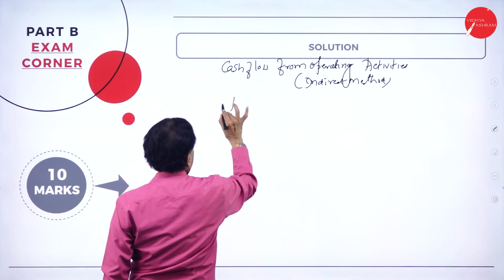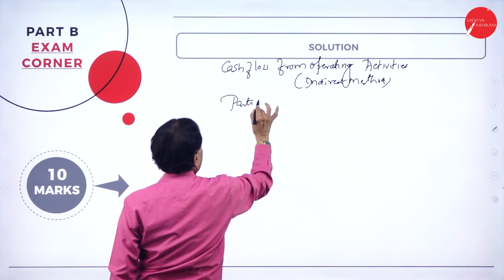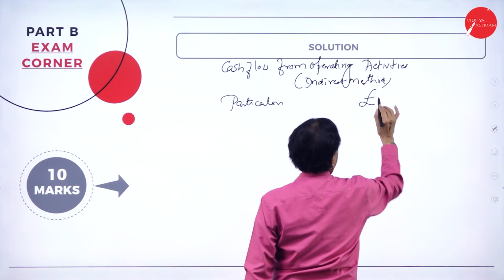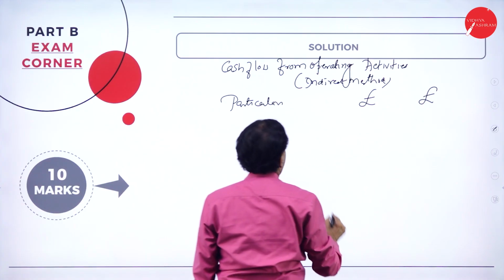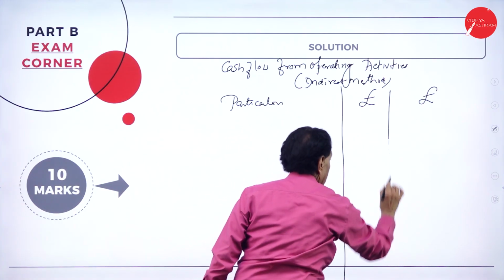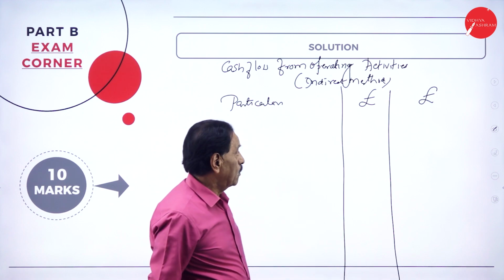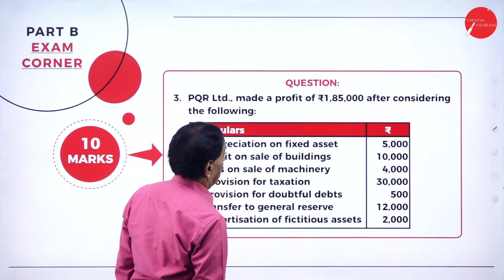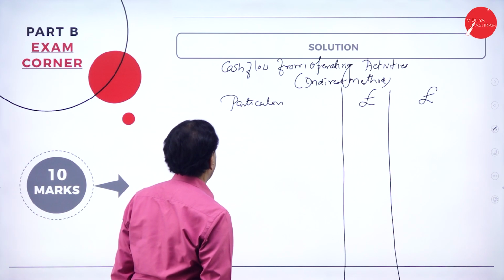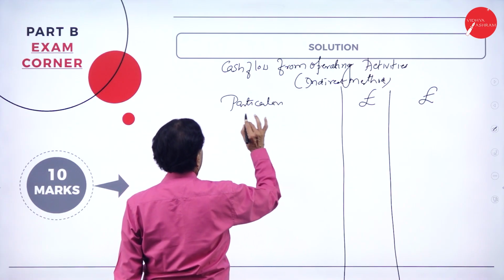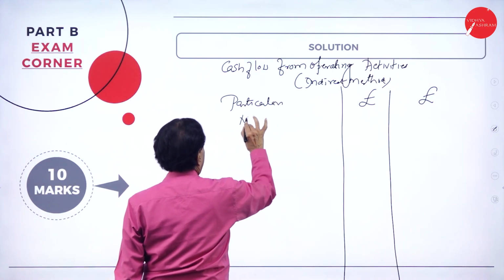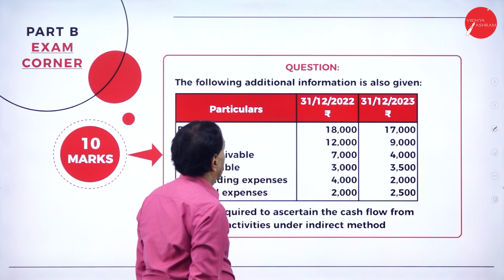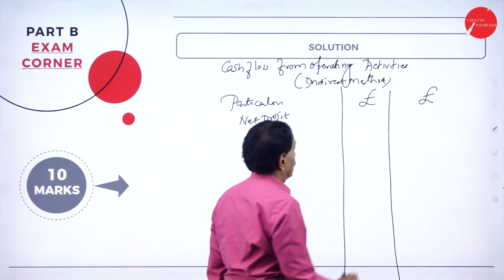Columns: particulars, rupees, rupees. We'll go one by one. Your net profit is 1,85,000. Net profit, 1,85,000.